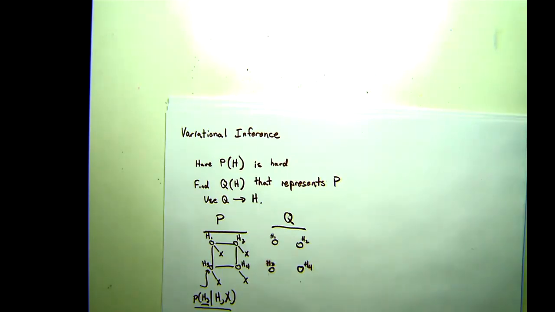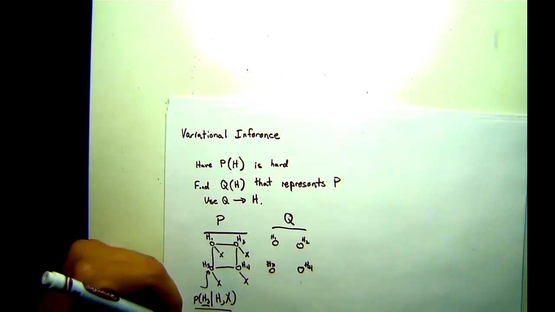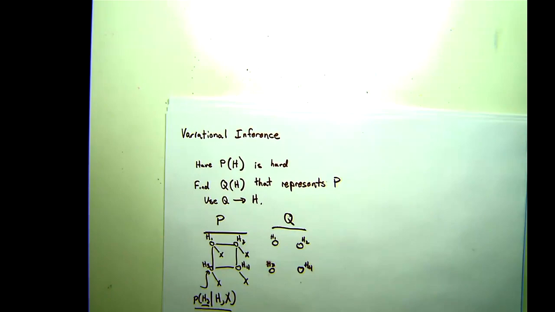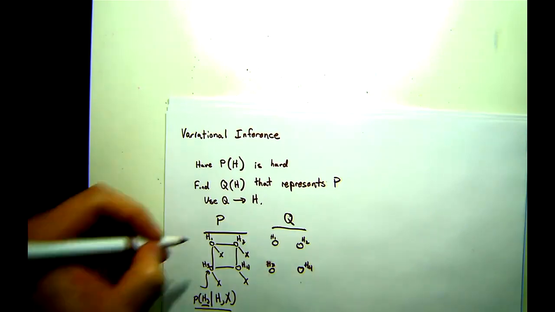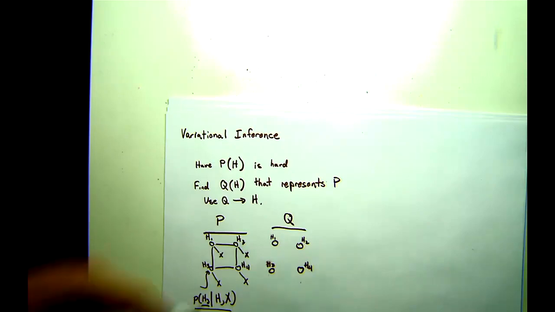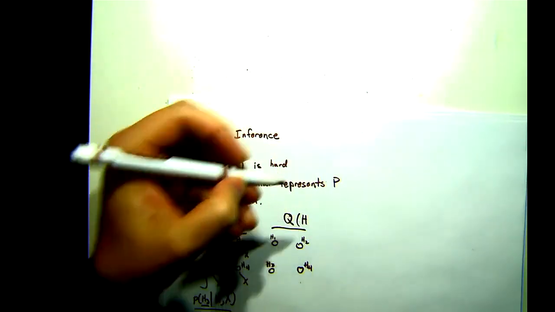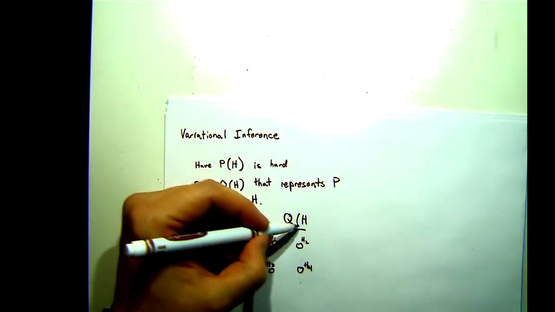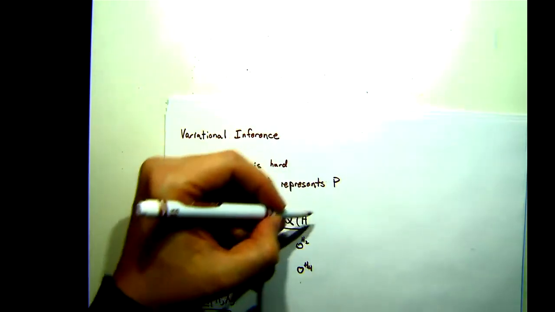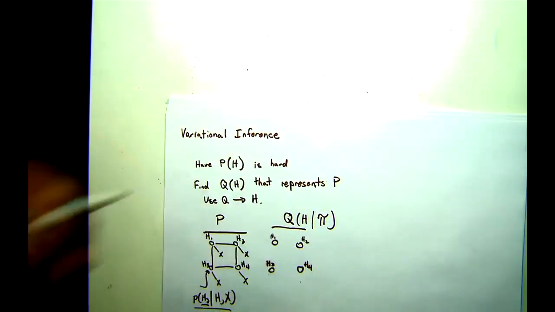The third step we're going to do is, Q is going to have a set of parameters. So remember, Q is a distribution, a set of distributions of some sort. It's going to be parameterized by something. So Q is going to be the probability of H given some set of parameters which we'll call pi.